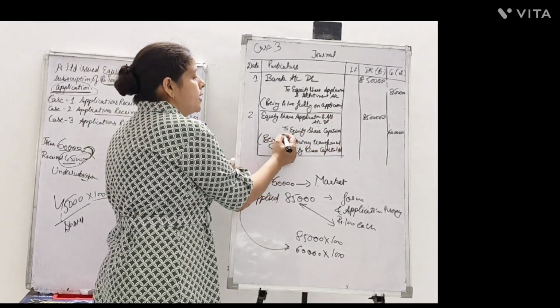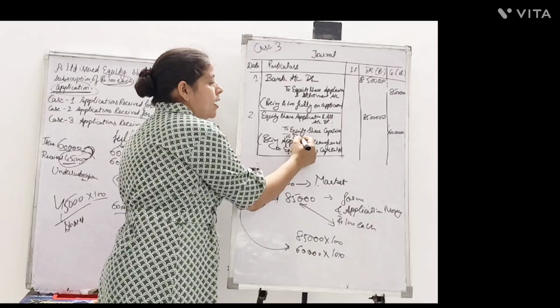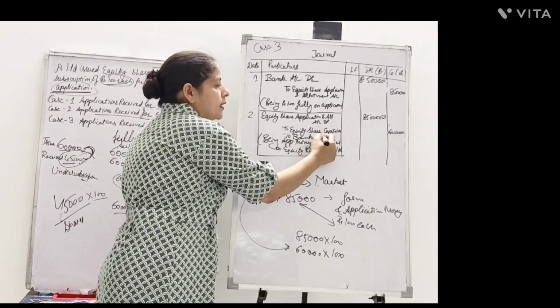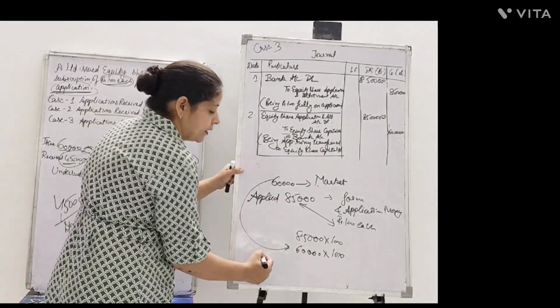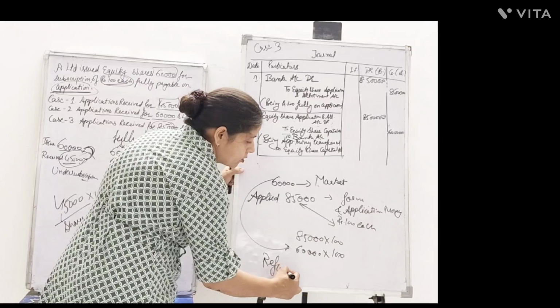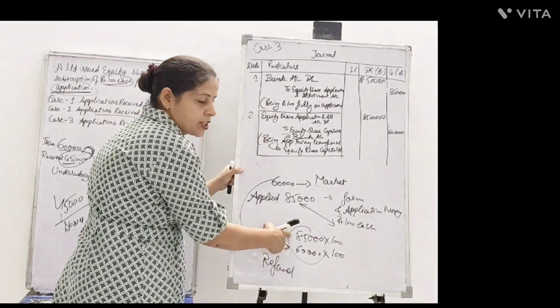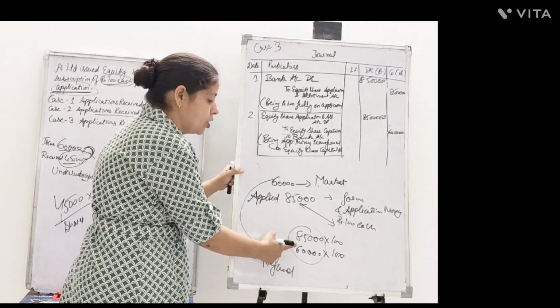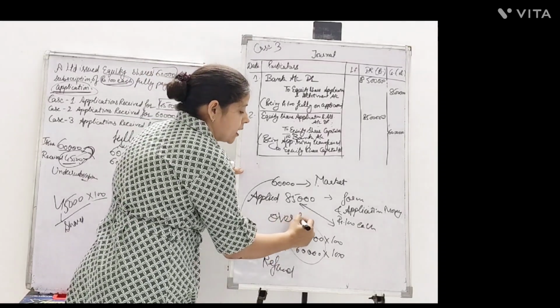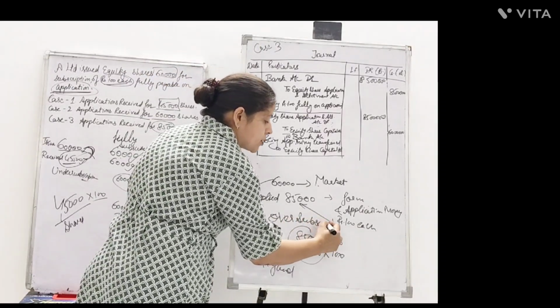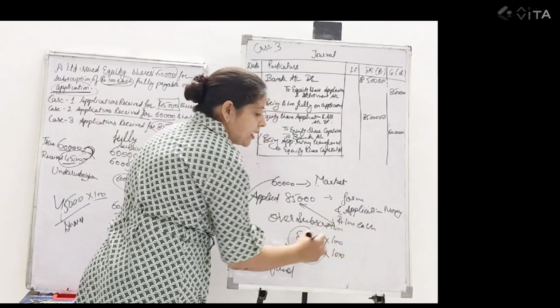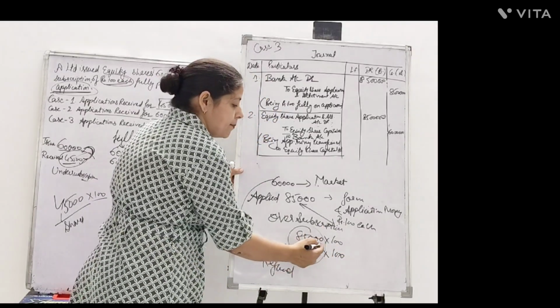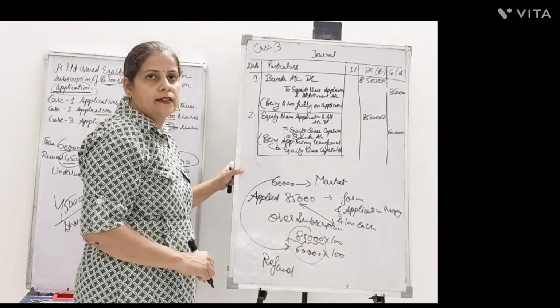They have received 85 lakh, but they can adjust or keep only 60 lakh. What is to be done with the extra amount received? They need to be refunded, right? So in case the applications received are more than the shares issued, that is the case of oversubscription. In that case, you will receive the amount with the applications received.